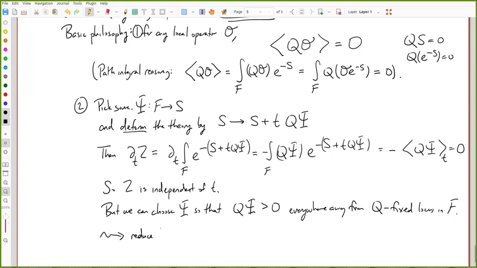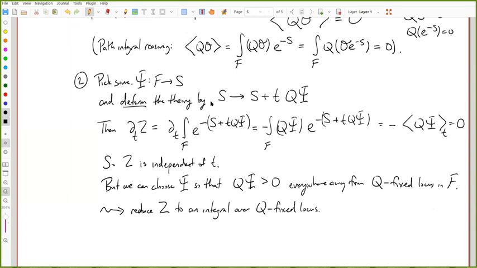So we reduce Z in this way, at least formally, to an integral over the Q fixed locus. Okay, so that's great. We started with an infinite dimensional integral, and now we're very lucky: in this particular situation we can reduce it to an integral over something smaller, and in this case something finite dimensional.